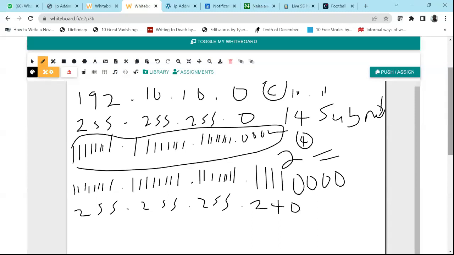Did I convert that to decimal properly? 128 plus 64 plus 32 plus 16. Yes. So this is your new subnet mask, which is the same thing as, remember, this is 8, 16, 24, 25, 26, 27, 28. So this is the same thing as a slash 28.